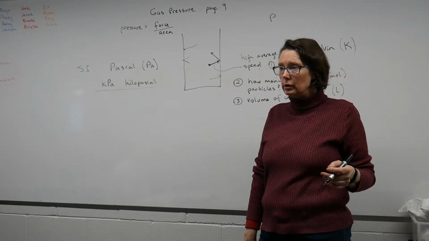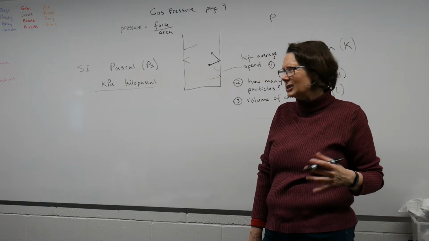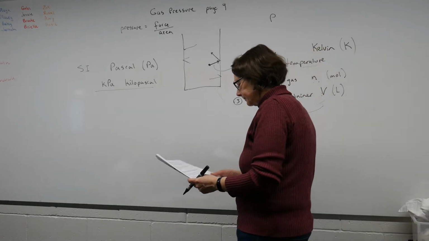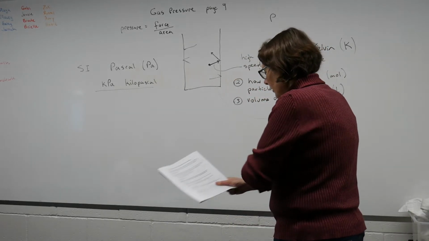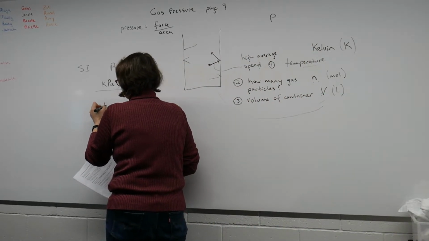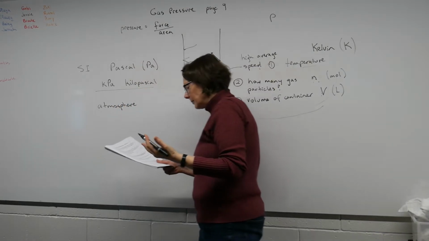And if you watch the news and watch the weather and they're talking about pressure, sometimes they talk about hectopascals, but they also talk about kilopascals as well. Now, the other measure of pressure is atmosphere. And so it's just in atmospheres.